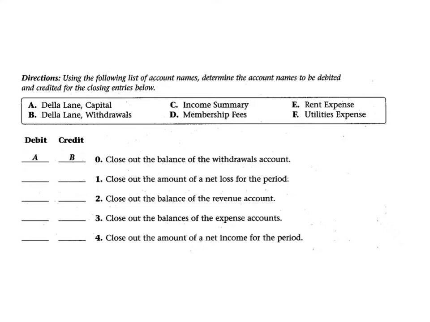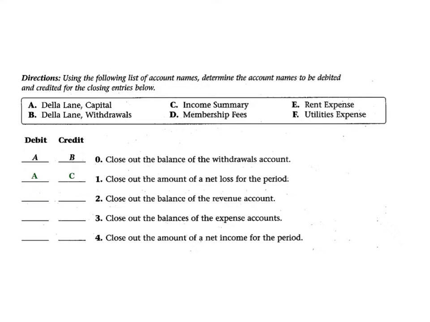So for number 1, closing out the amount of a net loss for the period. We will debit the capital account. Remember, it's a net loss. The capital is going to go down. That means it's debited. And the income summary will be credited, because we want to close out the income summary.